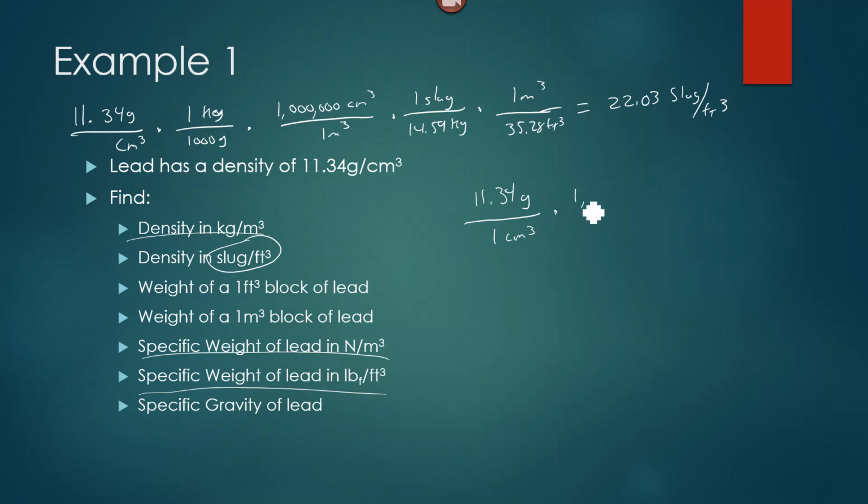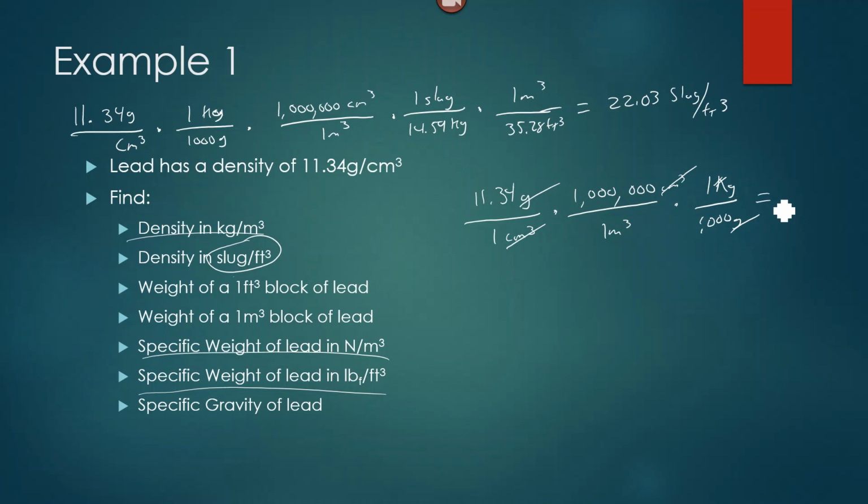And then, of course, we've got the above calculations, 1 meter cubed and 1 kilogram, 1,000 grams. And grams cancel. Meter cubed cancel.